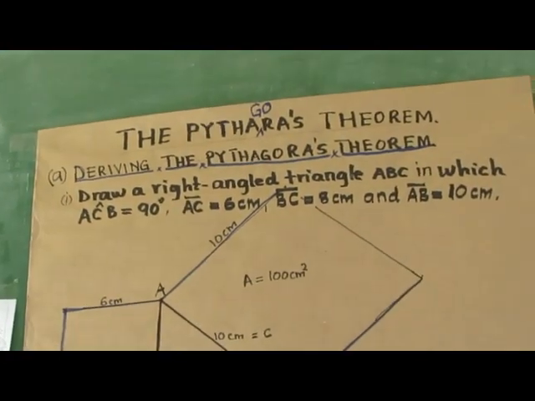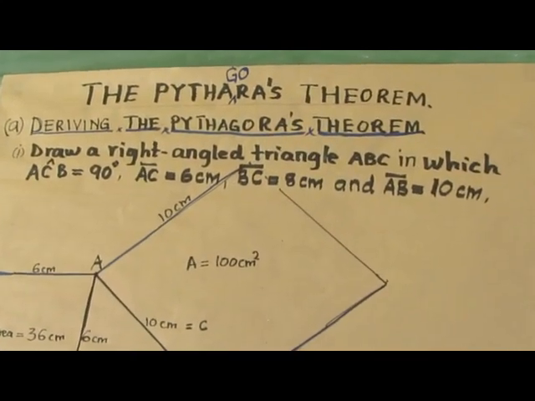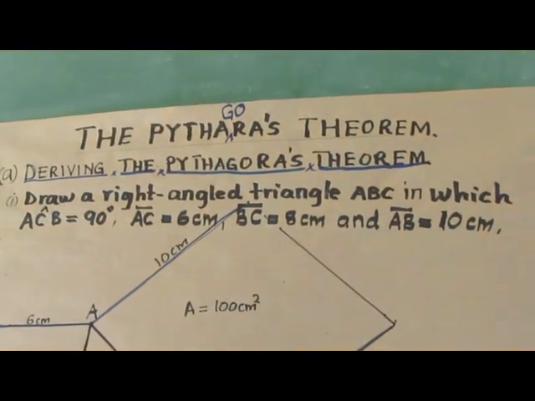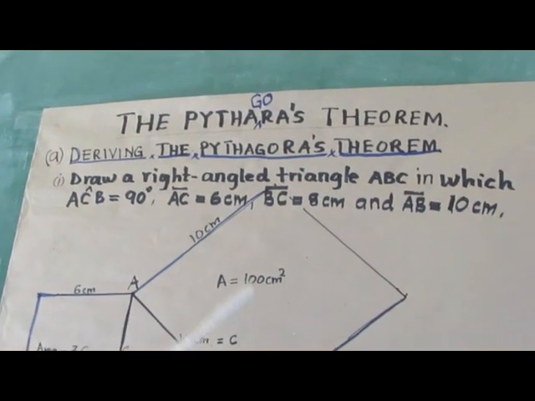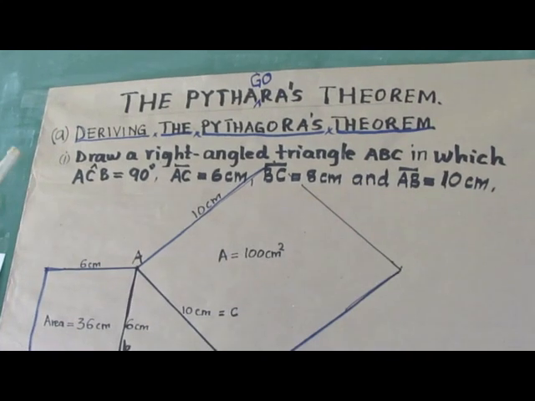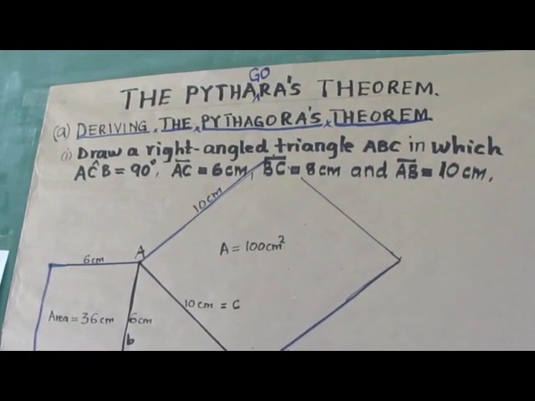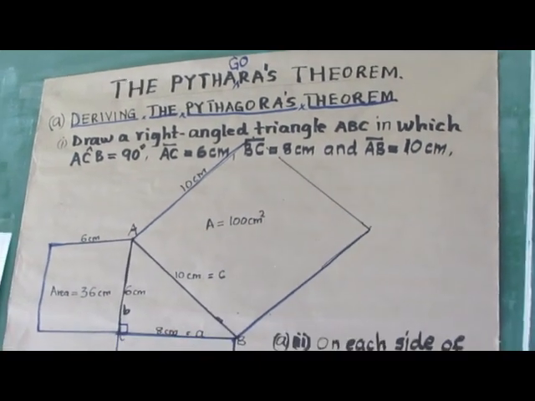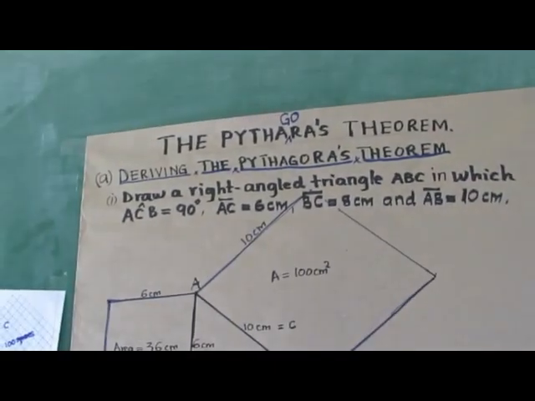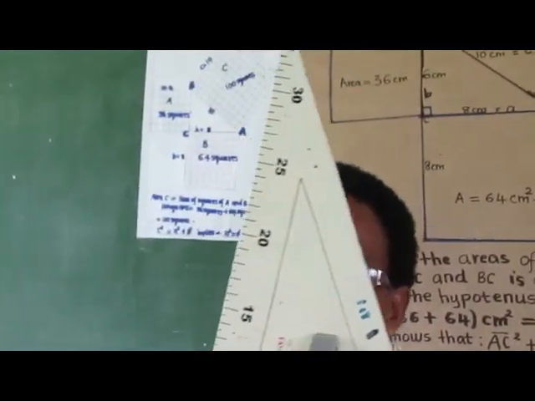The first step to derive the Pythagoras theorem is: one, draw a right-angled triangle ABC in which angle ACB is equal to 90 degrees. So the first thing is to draw a right-angled triangle. Students, can you draw this right-angled triangle in your exercise book?